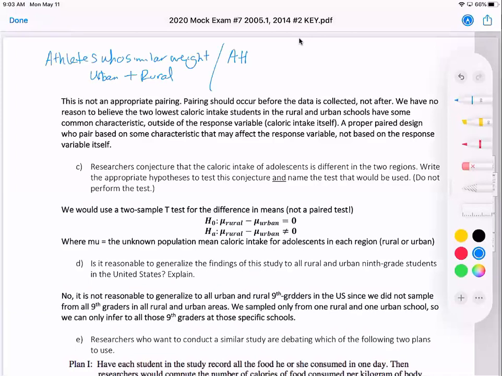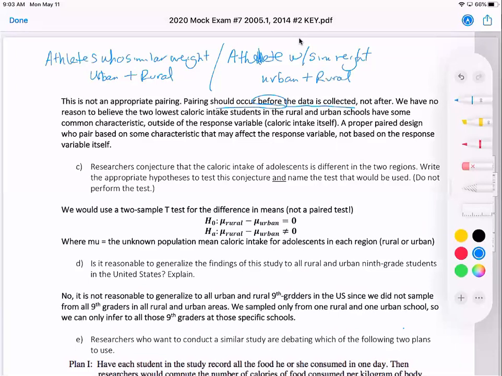Maybe we have another athlete, they're both athletes, and they're similar weight. I'm going to take one urban student of that athletic build, and then I'm going to pair them with a rural student with similar build. And that would be an appropriate pairing. You do that before. The pairing should be done before you collect the data, not after.